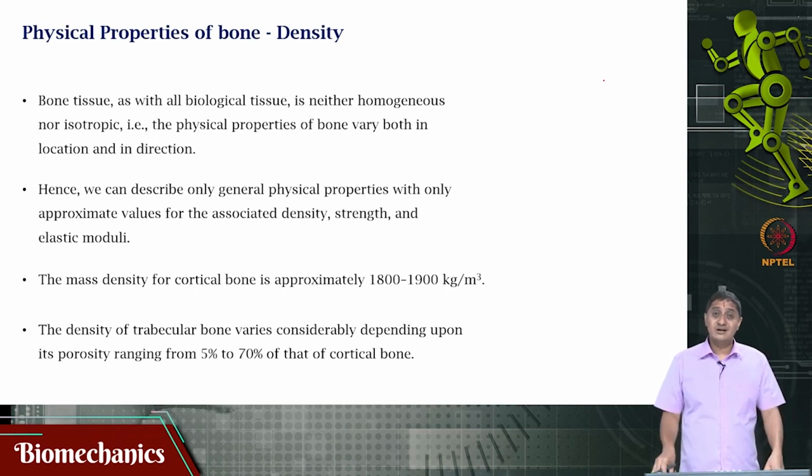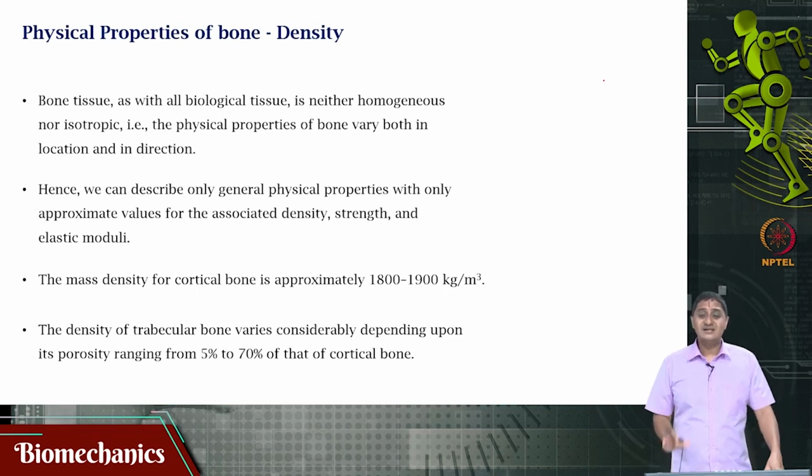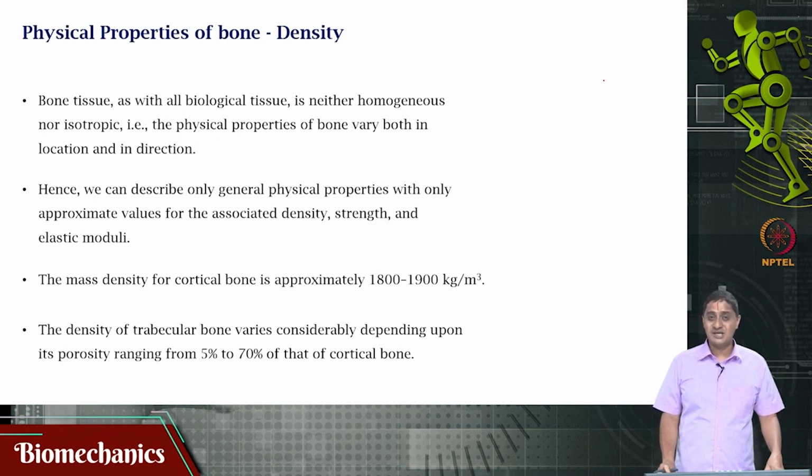Bone is also not isotropic in its material properties. That is, the material properties of the bone change depending on the direction from which you measure. In one dimension the property is something, and the same property measured at the same location from a different dimension will be something else.